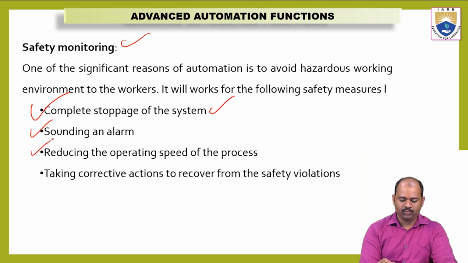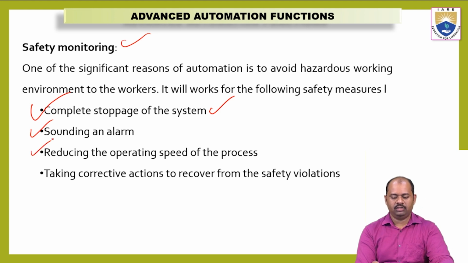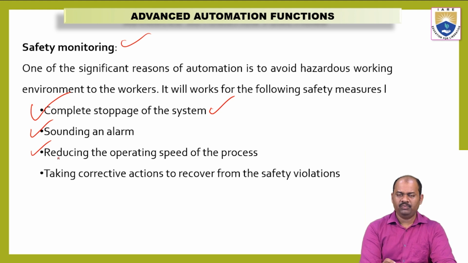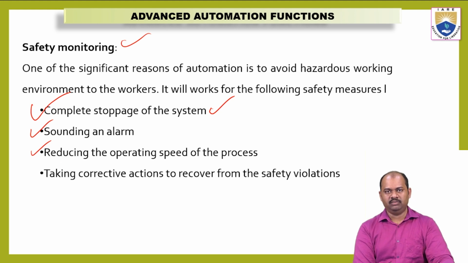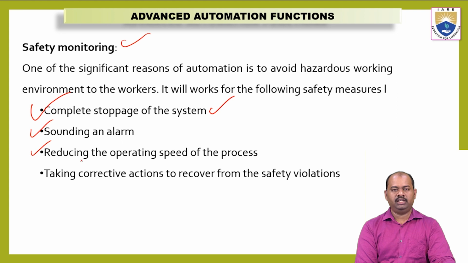And the third point is reducing the operation speed of the process. Whenever a malfunction is detected by the automation, it will reduce the operating speed of the process. Some machines rotate at higher speeds like 1000-2000 RPM.